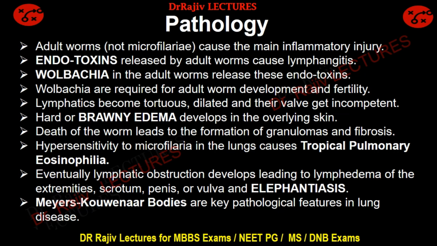Key pathological features in lung disease or tropical eosinophilia are epithelioid granulomas known as Meyers-Kouwenaar bodies. Typically, lung disease patients do not show other manifestations of filarial disease. The host's immune response to both living and dead parasites as well as to the endosymbiotic bacteria Wolbachia plays a crucial role in filarial pathology.